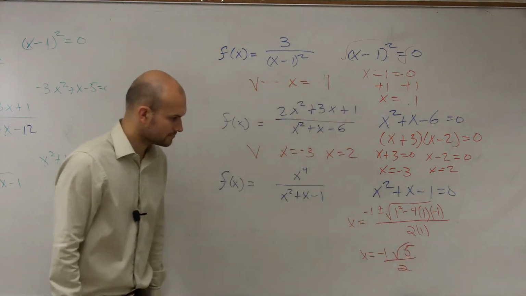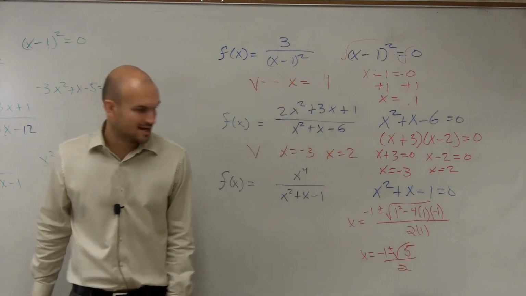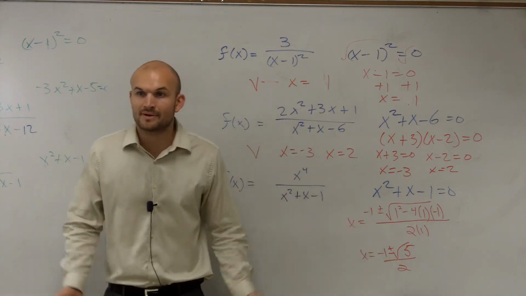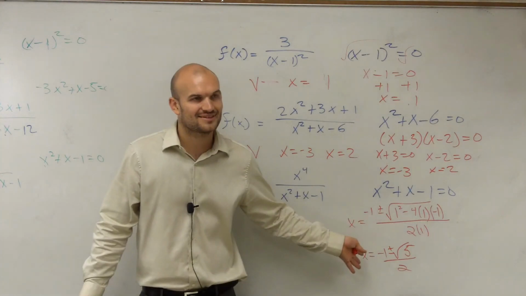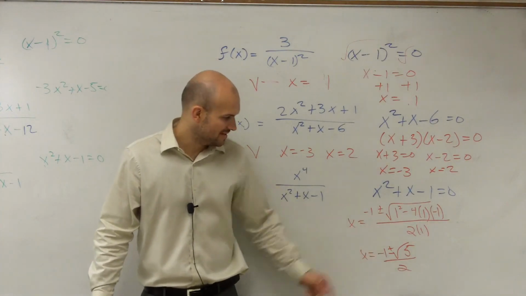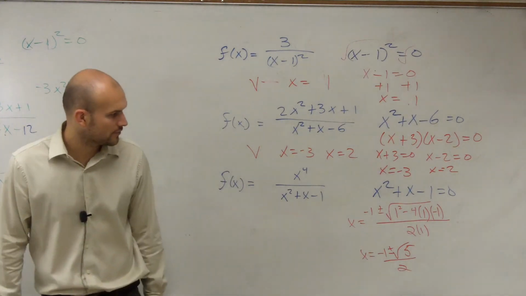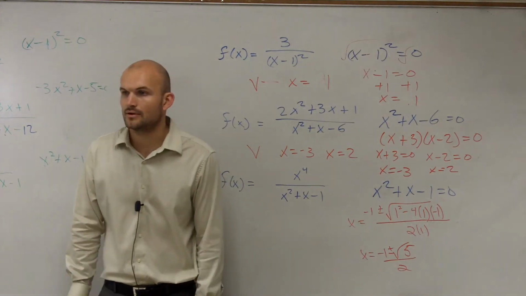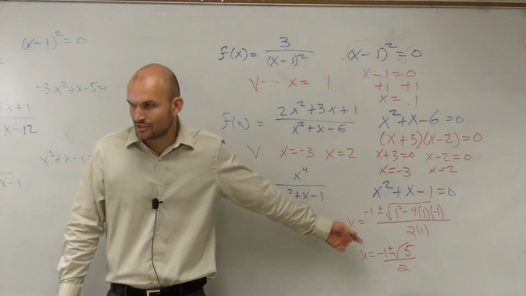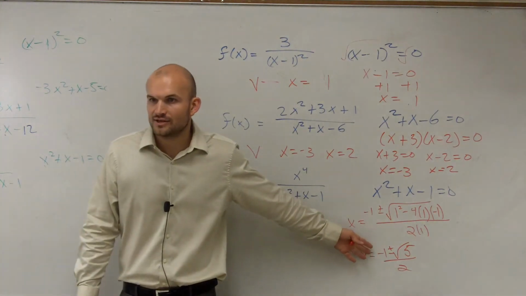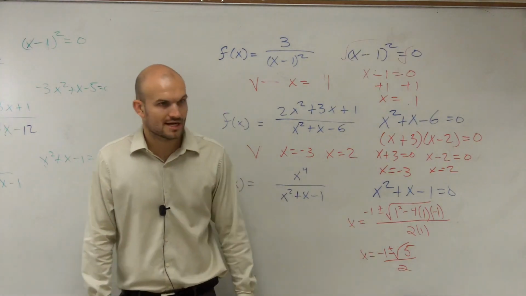Okay, I can't reduce that anymore, the square root of 5, so I'm going to actually have 2 vertical asymptotes at negative 1 plus square root of 5 over 2, and negative 1 minus square root of 5 over 2. All right? So now we just don't have nice numbers. If you guys want to plug them in, you'll get a decimal, right, an irrational decimal. But those are going to be your vertical asymptotes.